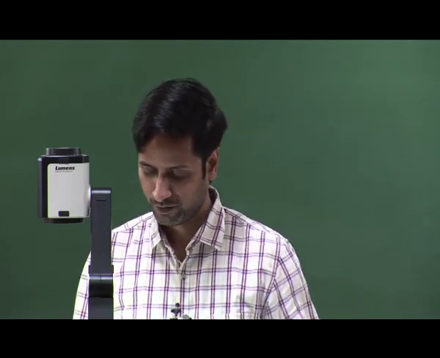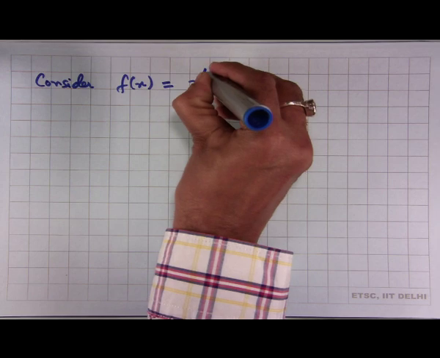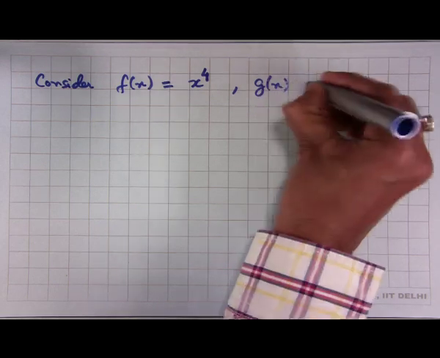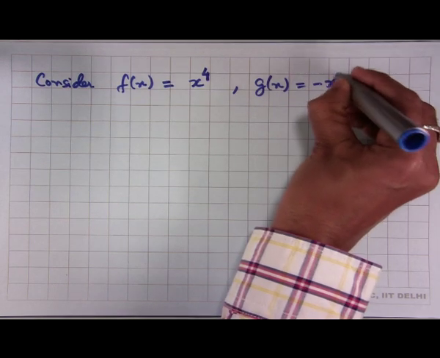So, let us see first the third condition, consider f x equal to x to the 4 and g x equal to minus x to the 4.